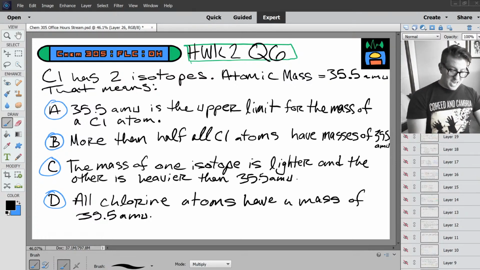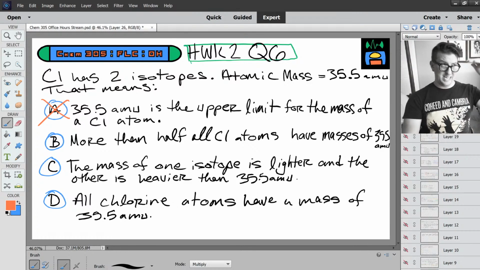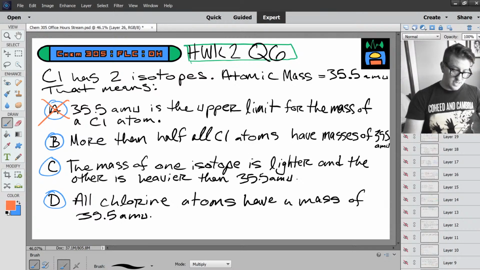So we know that A is incorrect right out of the gate, because even a weighted average will never be equal to the max. So it's not an upper limit. B, more than half all chlorine atoms have masses of 35.5.